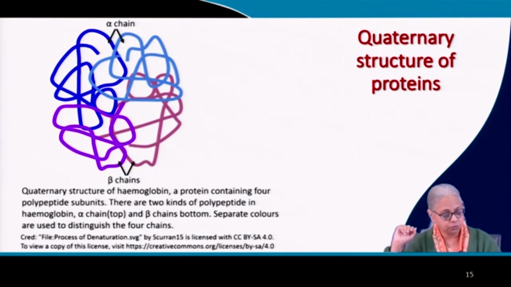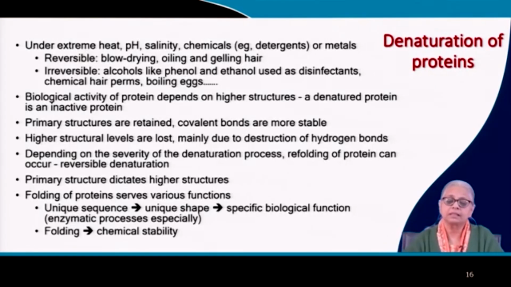I'm not going to do it here, but let's come to something else that is just as important as hemoglobin, and that is how do other proteins function and what causes denaturation of proteins. Now for any protein to function, the biological activity of any protein is based on, like I said, the folding of these higher level structures.